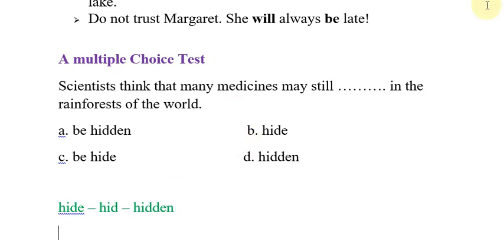Now, when you have passive, generally in passive sentences, you need to use to be verbs. Well, to be here, we say am, is, are, was, were, and been.